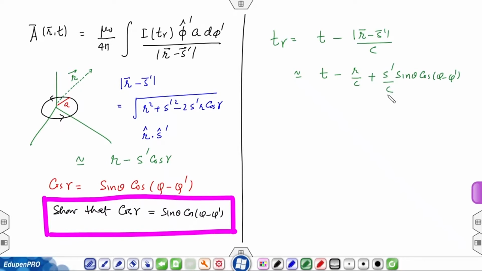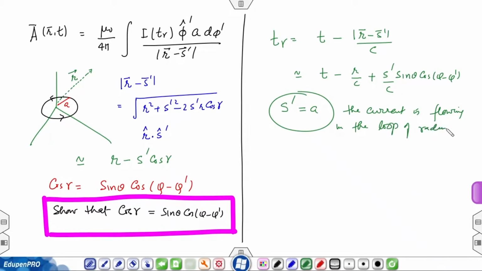And remember, where is this s prime? s prime is equal to a, because the current is flowing in the loop of radius a. This you could have written right in the beginning also, because remember, when we had this integral J(r prime, t retarded) dv prime, this had a delta(s prime minus a) delta(z prime). So, z prime is 0 and s prime everywhere is a.